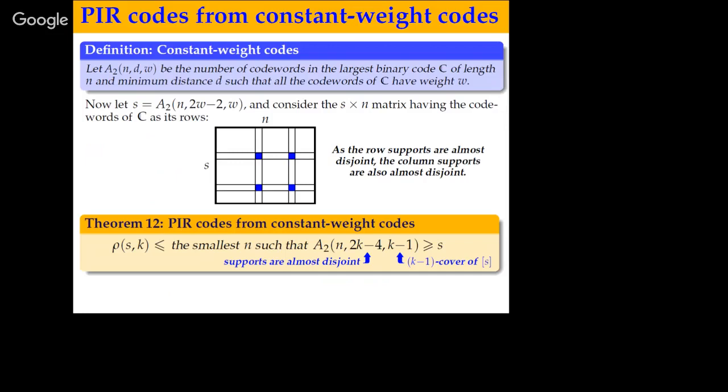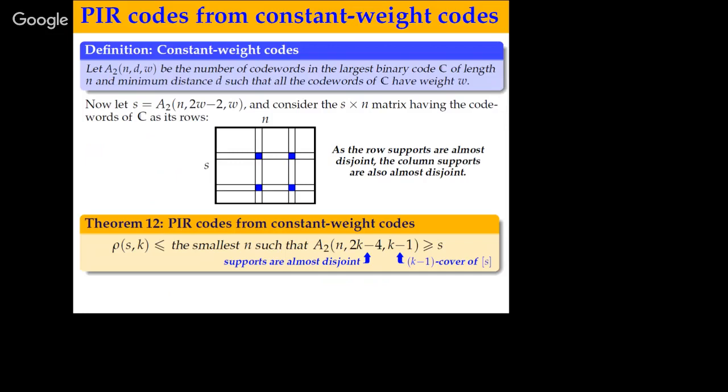This will guarantee the k minus 1 cover, and this distance, being twice that minus 2, will guarantee that they're almost disjoint. So such a number has to be greater than s, and it's the smallest n itself.